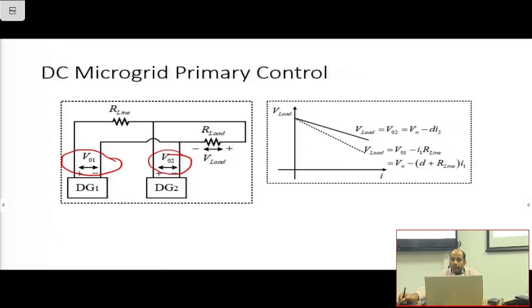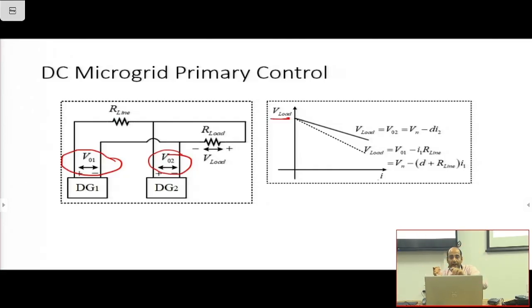So here we draw the curve of V load versus I, and you can draw two separate curves for the two sources, because both of them give different equations for V load. For the second DG, it is directly connected across the load, so VO2 equals V load, while for the first one, VO1 minus the drop in the line equals V load.